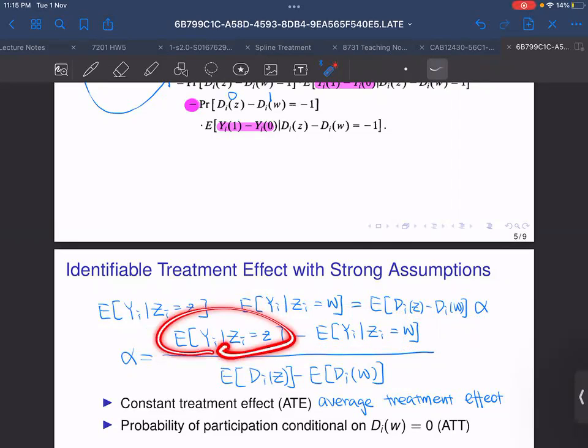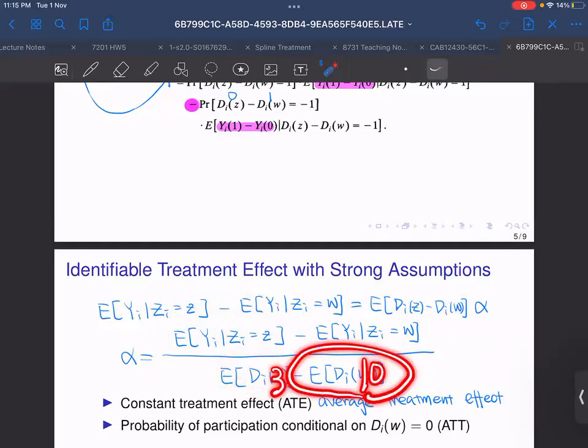So the sample analog will be the average lifetime income for those who actually get draft number 3, and here is the average lifetime income for those people who get draft number 10. And this expectation is the percentage of people who actually get draft number 3. The second expectation in the denominator is the percentage of people who get draft number 10.